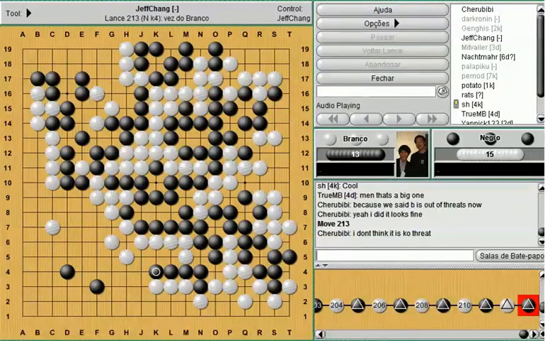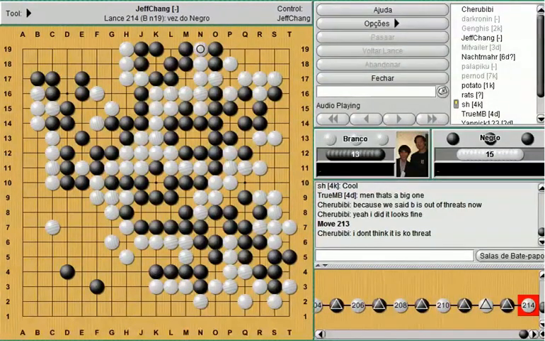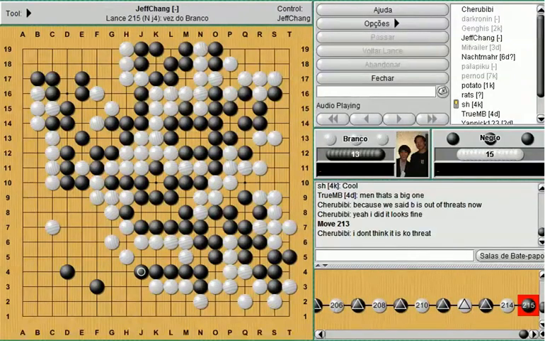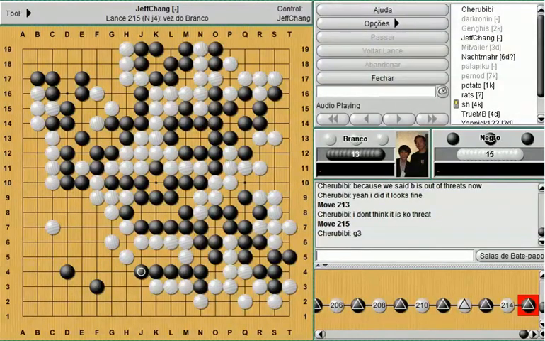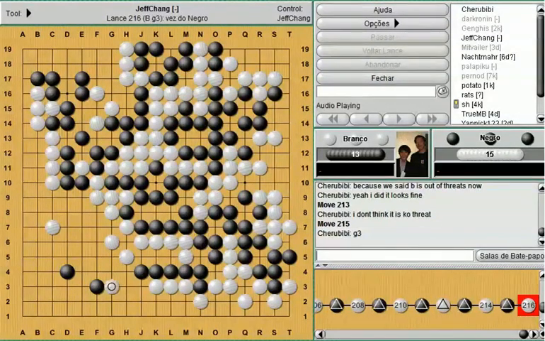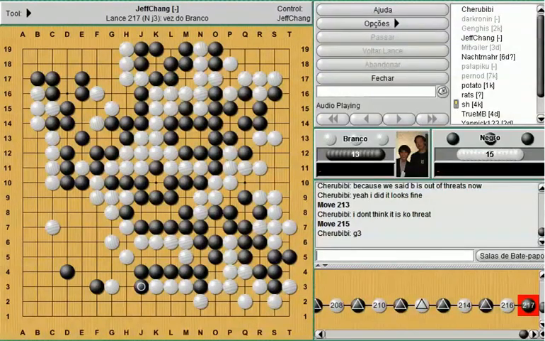Okay, so I don't think this is a ko threat, so I guess you're going to capture this one, and then it goes forward. T3, okay. I would say like this, at least it's more complicated, right?